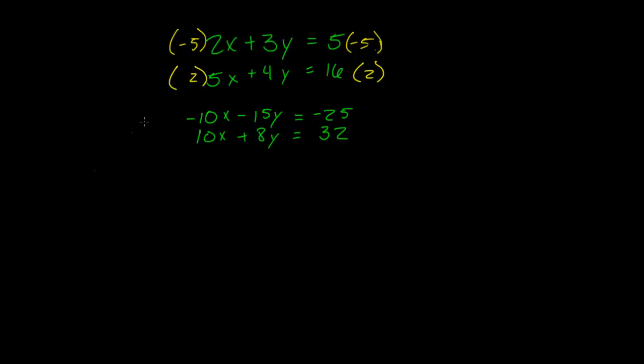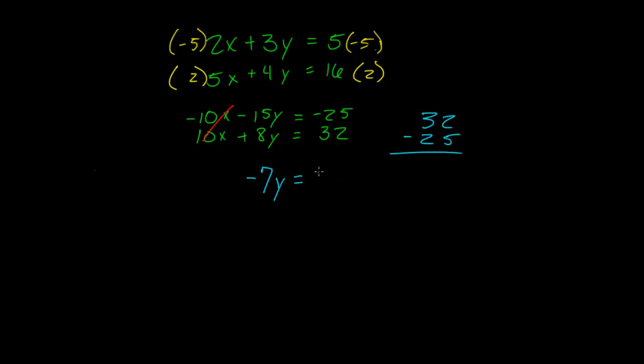Now let's do our math. We can eliminate our x. We will just be left with a y. Negative 15 plus 8 is going to leave you a negative 7y equals, now let's do our math right here, 32 minus 25.